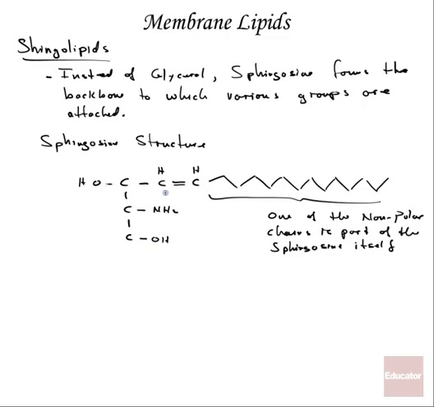It's actually directly attached, the 1 and the 2 carbon and alkene linkage, and then of course you have this other set. So you have 13 carbons there. So this basic structure is sphingosine, and this will always be the same. This is invariable. It's the attachments that go here and here that changes everything.